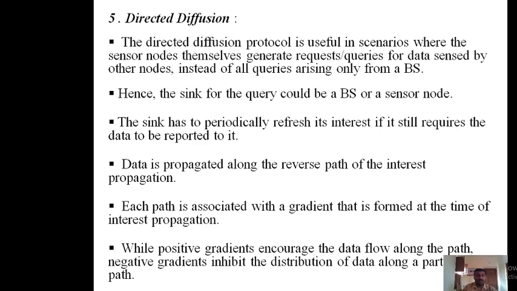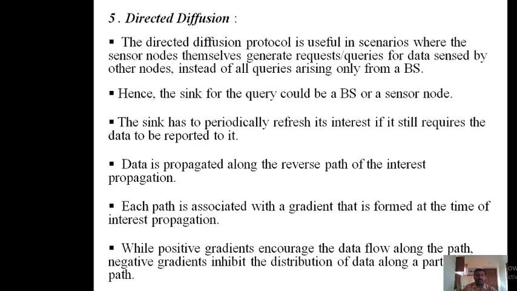Directed diffusion is a protocol used in scenarios where the sensor nodes themselves generate the request or query for data sensed by other nodes, instead of all queries arising only from a base station.